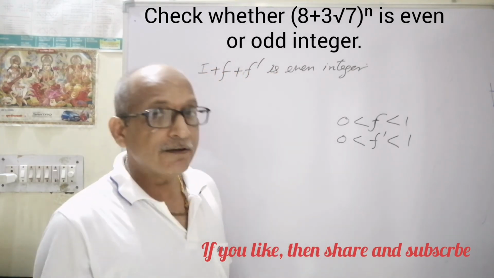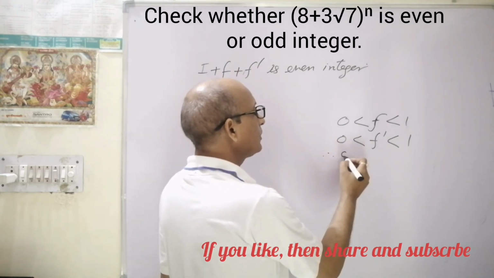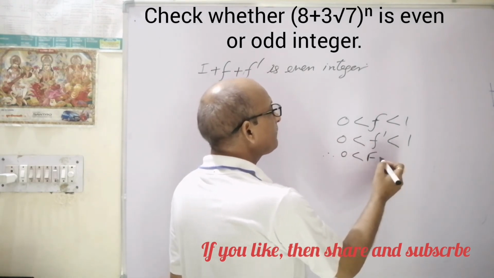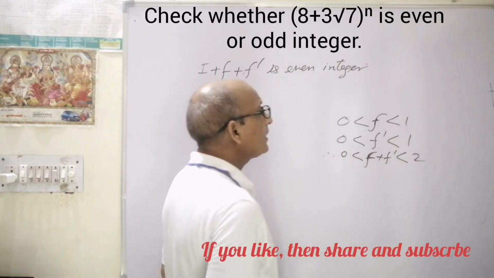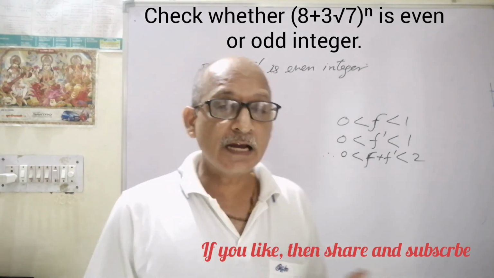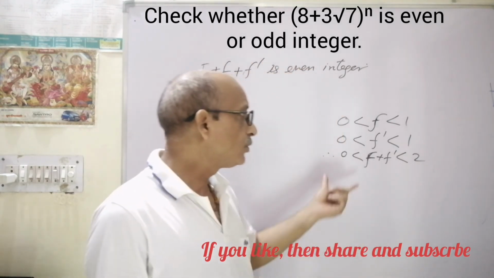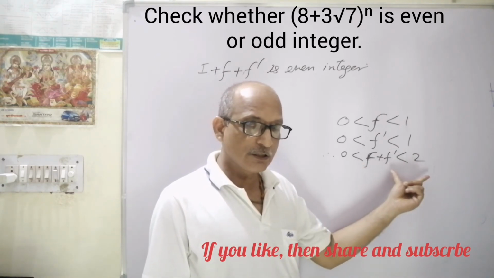So f plus f dash will lie between 0 and 2. Therefore 0 is less than f plus f dash is less than 2. But previously we have seen that I plus f dash is an integer, so the integer lying between 0 and 2 is 1.